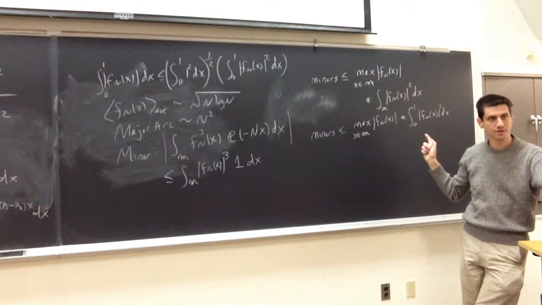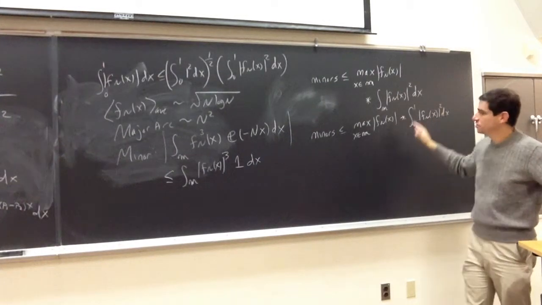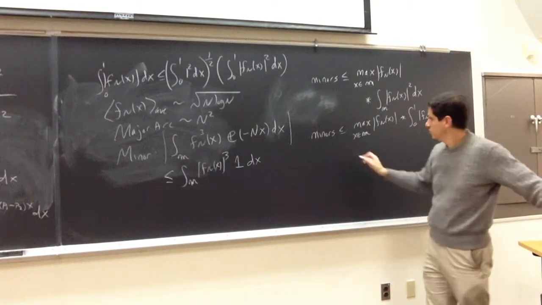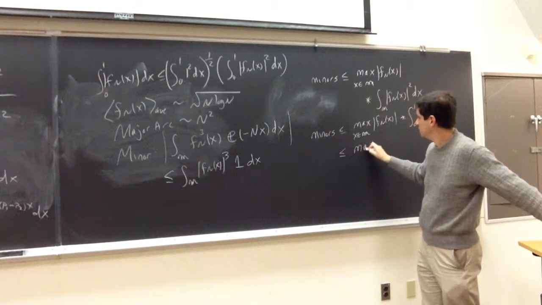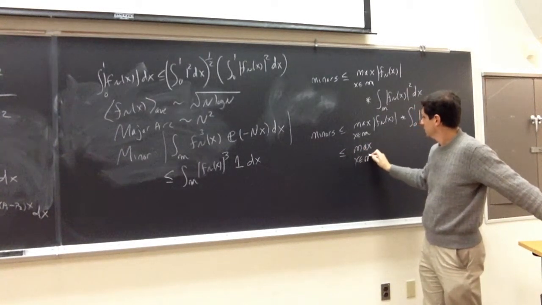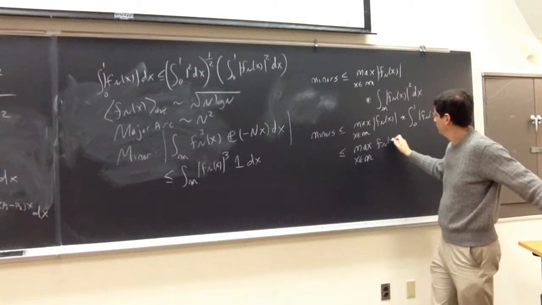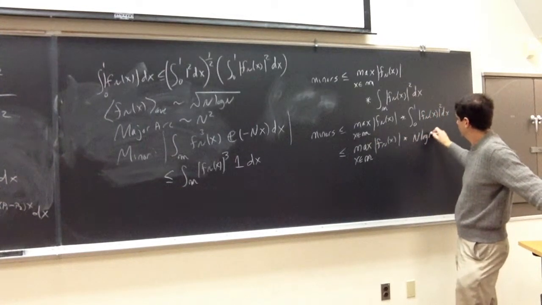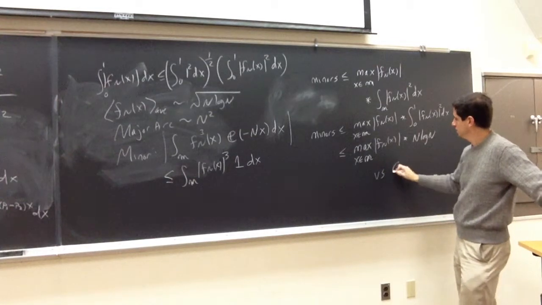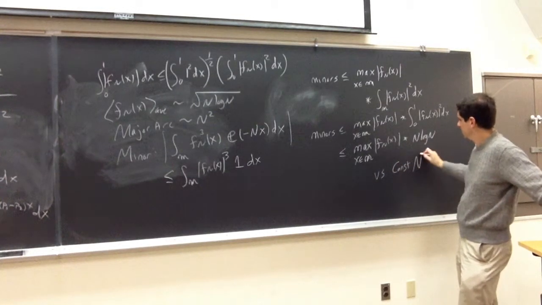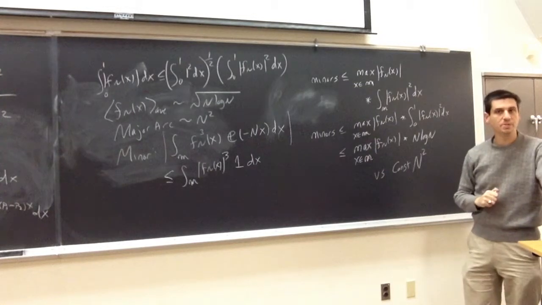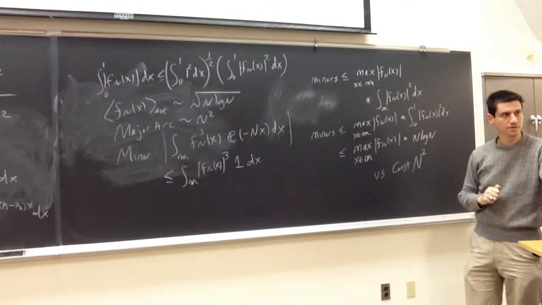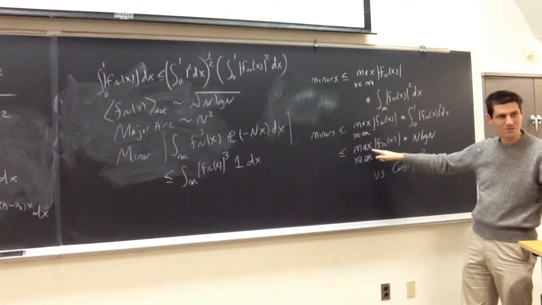Now we use this as at most n log n, and so now we get less than or equal to the maximum x in the minor arcs of f_n of x times n log n. And we're comparing this to some constant times n squared. It's got to be less than that if we're going to win. All right, well then that tells us exactly what we need for the maximum value.